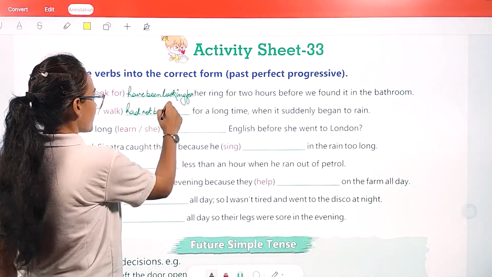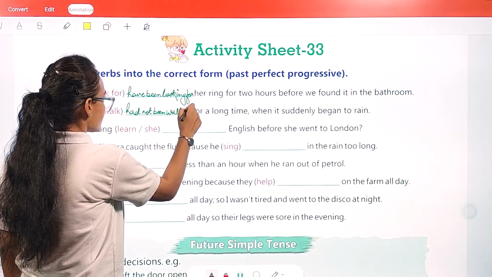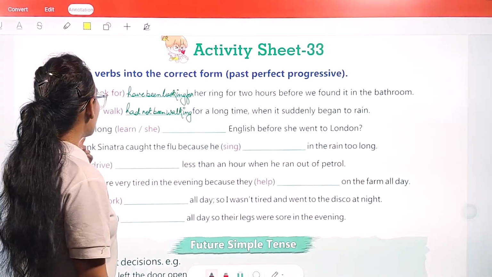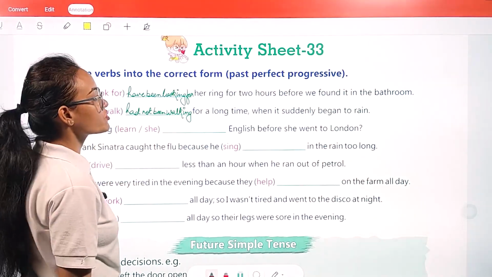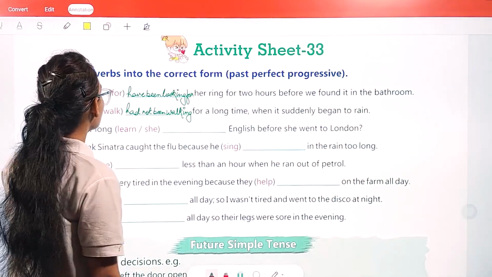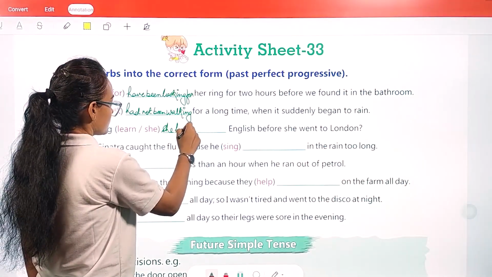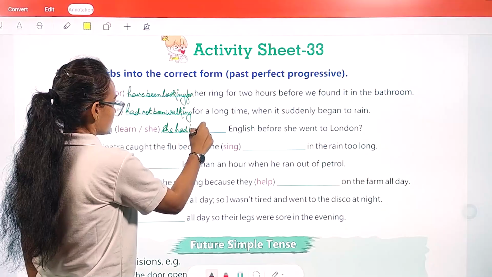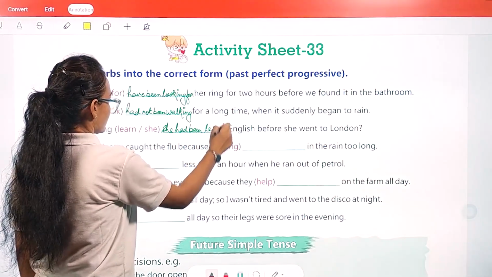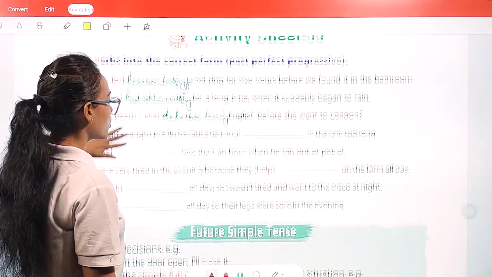I had not been walking for a long time when it suddenly began to rain. Now the third one. How long learned she English before she went to London? How long had she been learning? Okay. Similarly, the rest of the you are going to complete with your own.